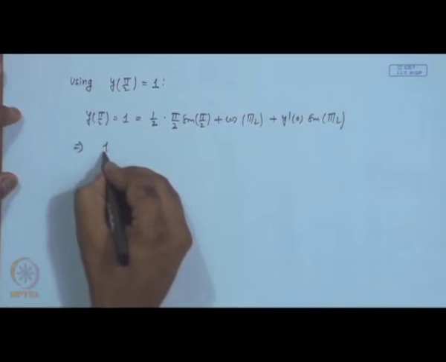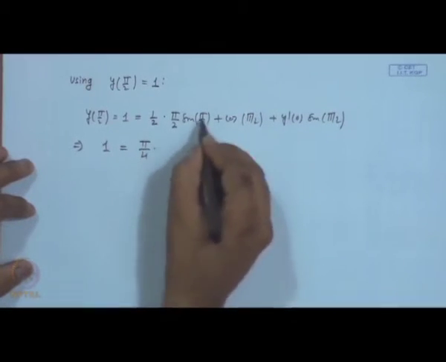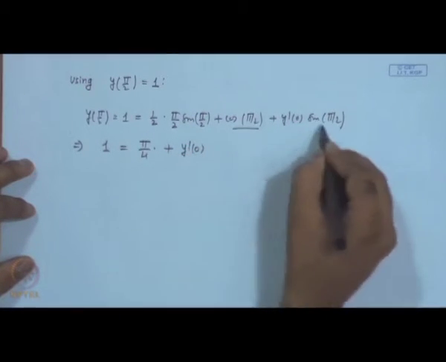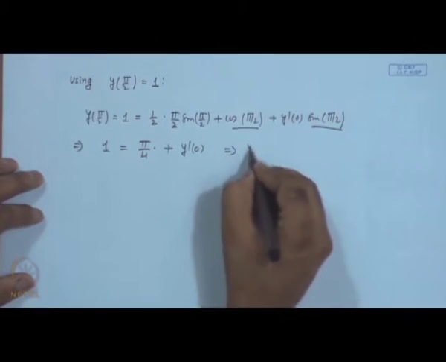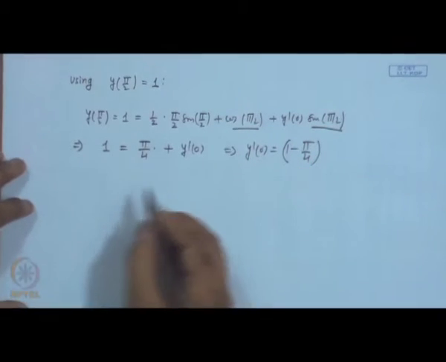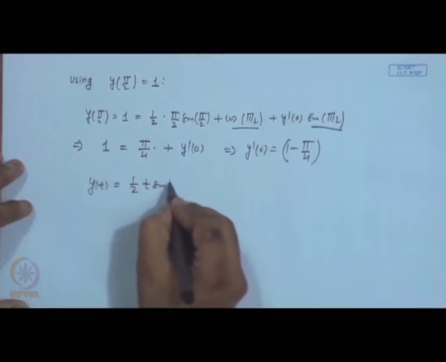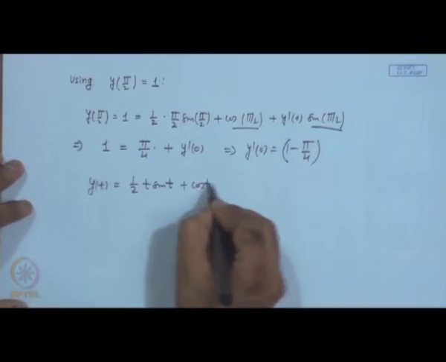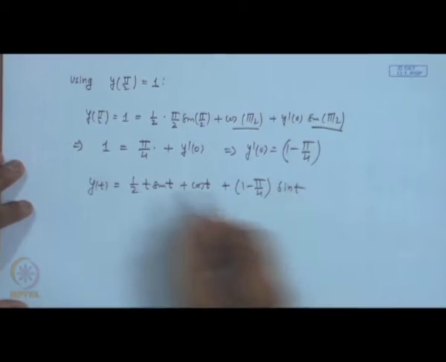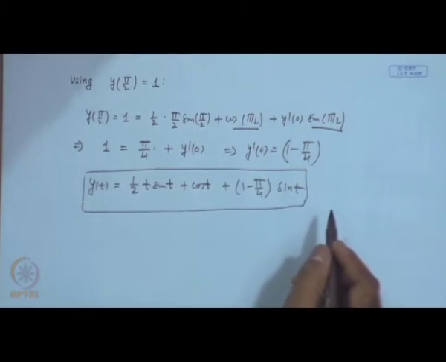So, what we get here is 1, then we have pi by 4, this is 1, this is 0, and plus y prime(0), because this is also 1. So, y prime(0) is 1 minus pi by 4, which we can substitute to get y(t) is half t sin t plus cos t plus (1 minus pi by 4) sin t. In this way we can also obtain the solution of boundary value problems.